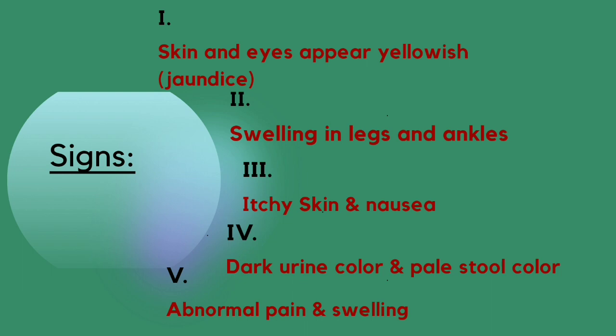Here nausea is an uncomfortable condition like vomiting, etc. Fourth, dark urine color and pale stool color. Fifth, abnormal pain and swelling and even loss of appetite and many more.